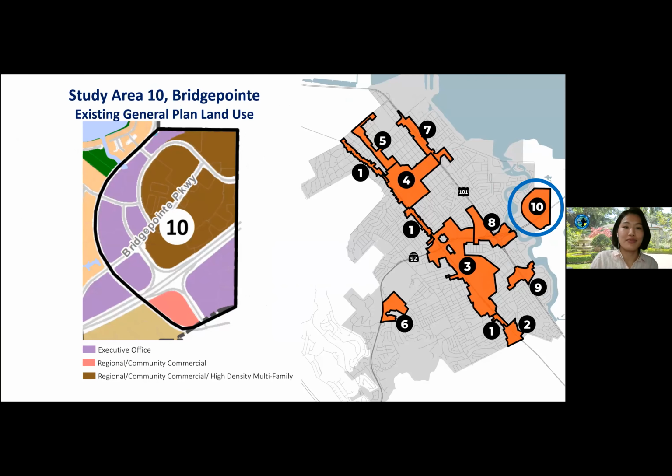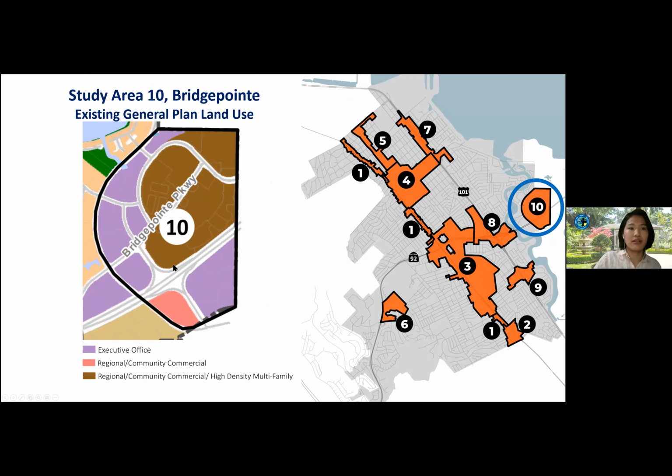So I'm gonna jump into the last study area, number 10. This is the Bridgepoint Shopping Center. And so it's characterized existing executive office uses around most of the Bridgepoint area. And where the Bridgepoint Shopping Center is and Home Depot, that's sort of a mixed use between regional, community commercial, and high density multifamily. And on the south is the Marriott Hotel.